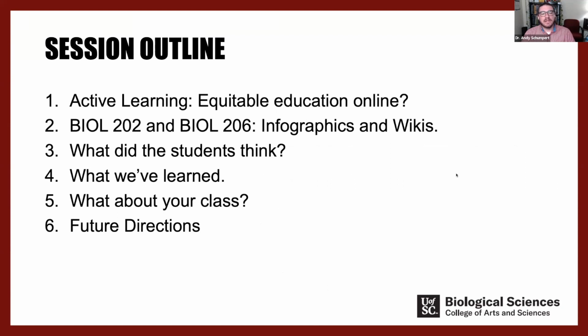And then we'll look at what the students thought, what they perceived, how they learned from this. And then we'll talk about what we've learned, the instructors. And then we'll look a little bit about your class and finish up with some future directions and some discussions.